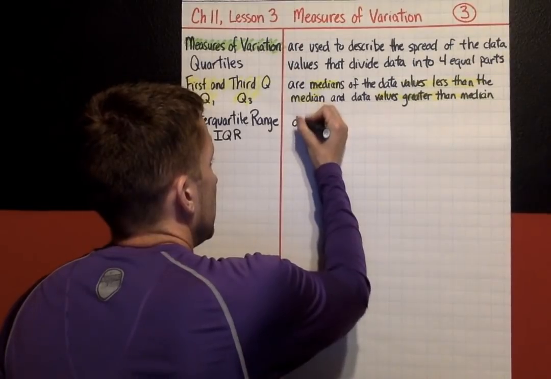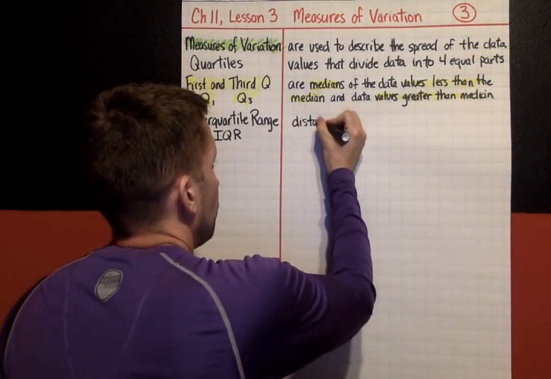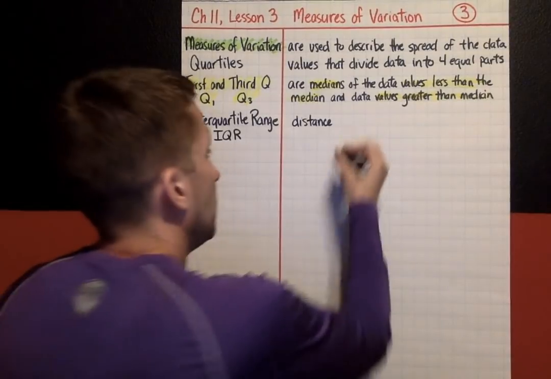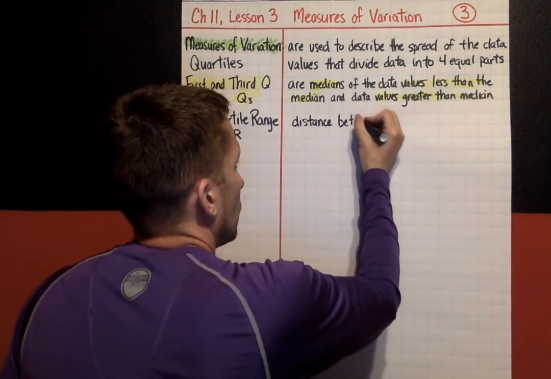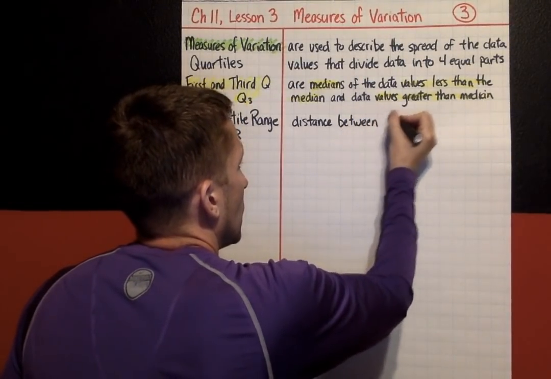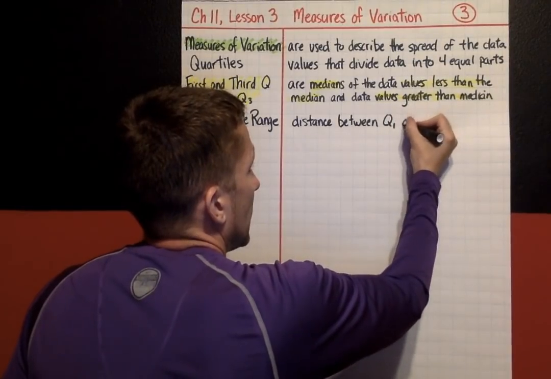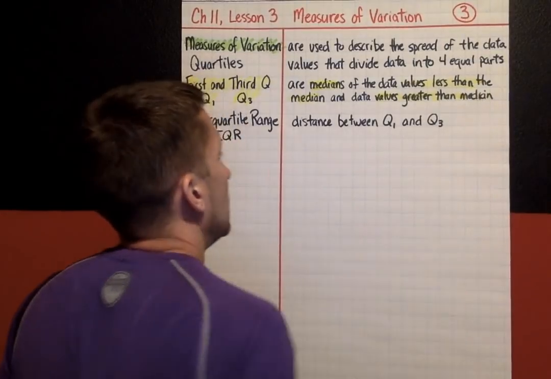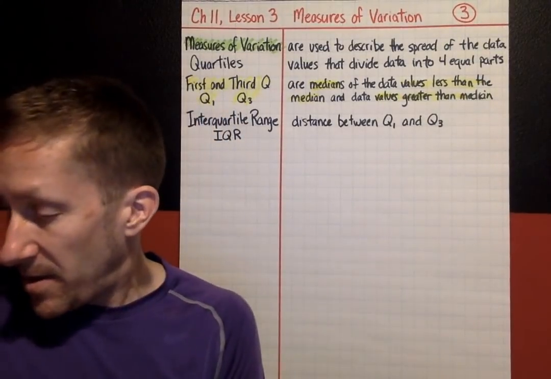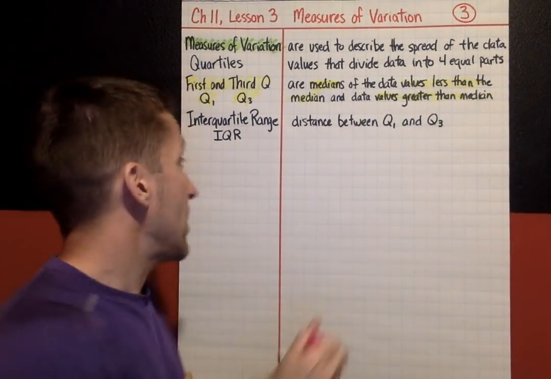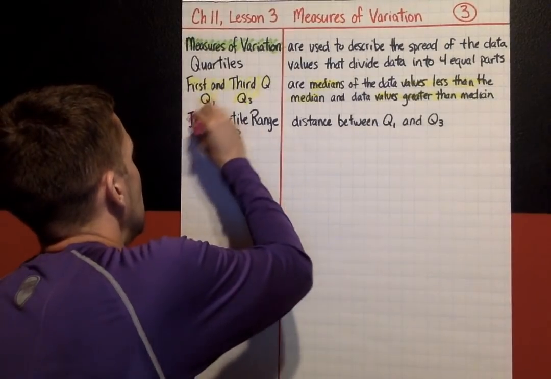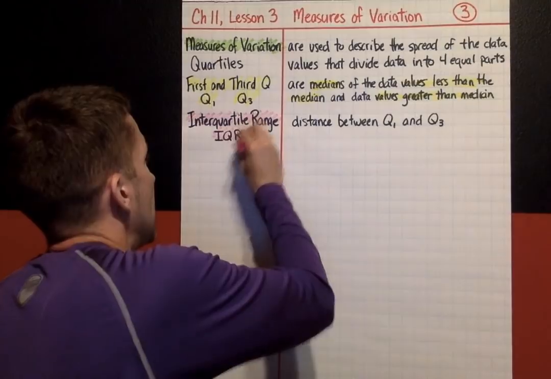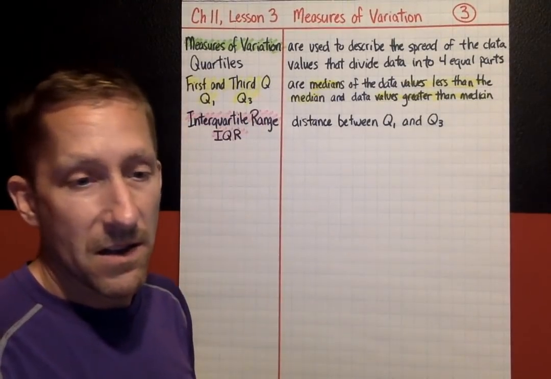So it is the distance between the first quartile and the third quartile. Okay, that is the interquartile range, also known as the IQR.